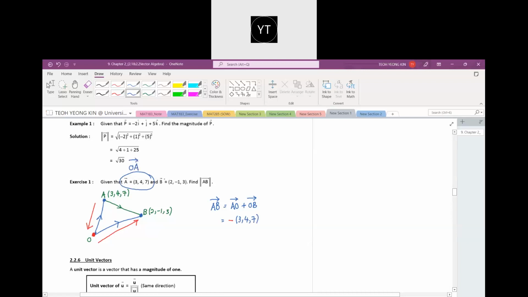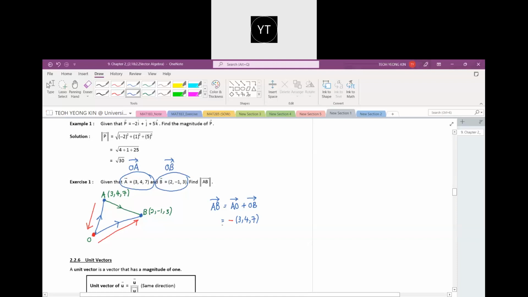Yang dia bagi ni adalah OB. So when we make it negative, kita terbalikkan dia punya arah. So, ini yang dah beri OA. Sekarang kita nak AO.